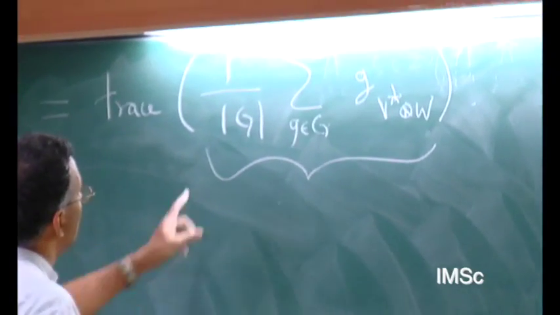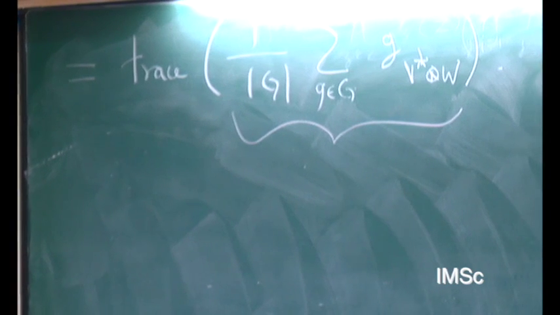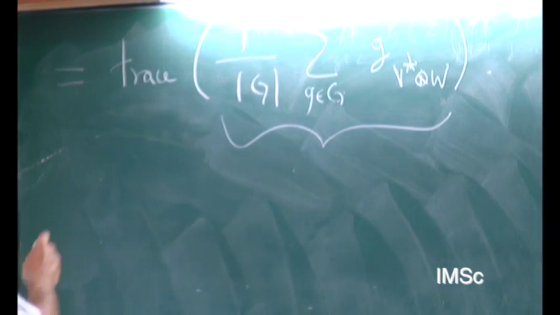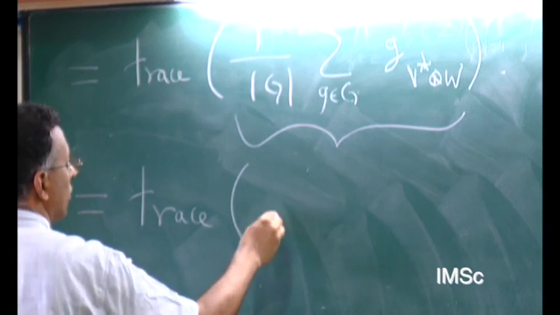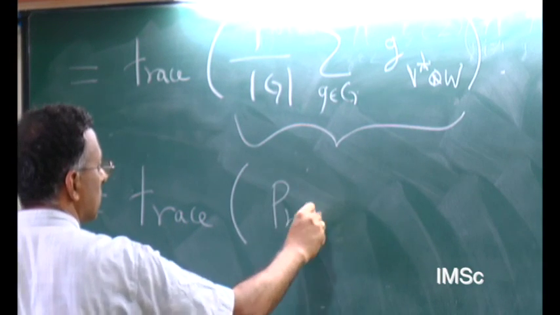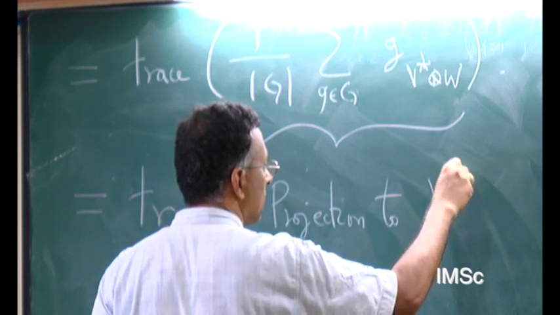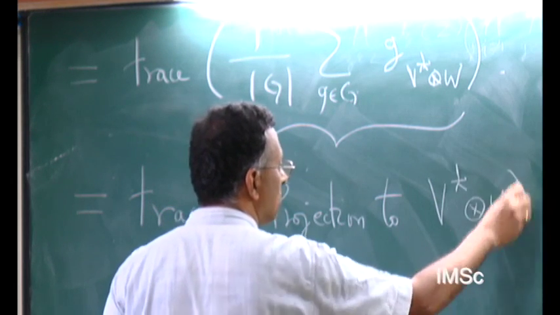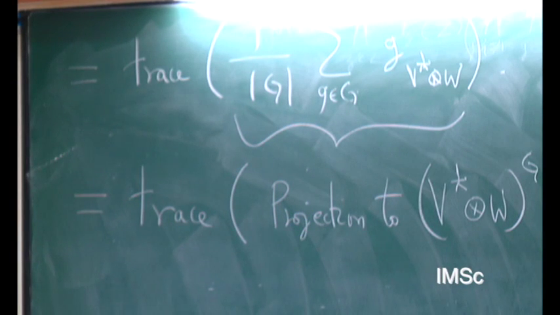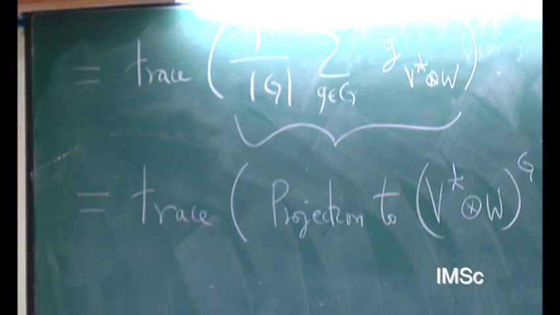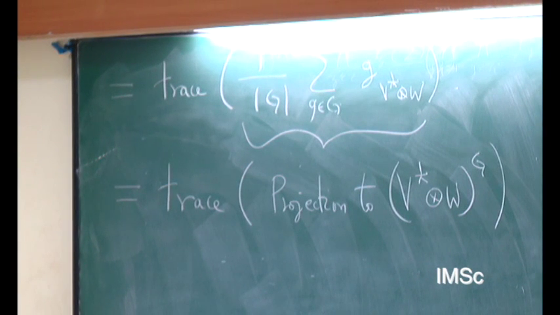Okay. So now instead of V, we have V star tensor W. So this is the trace of the projection to (V star tensor W) upper G. What is the trace of a projection map?